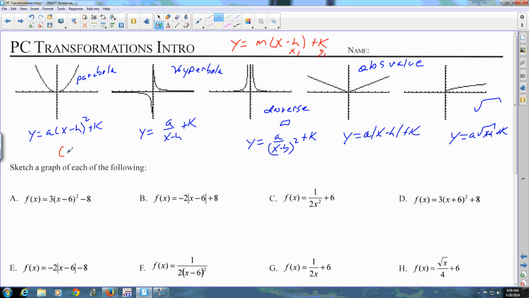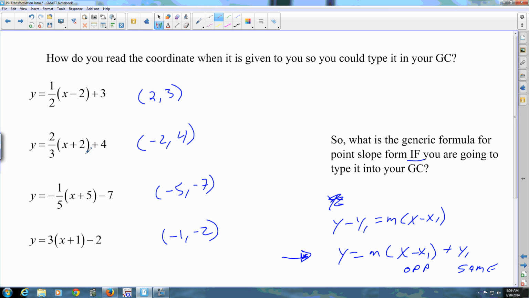Your coordinate (h, k) is going to be the lowest most point if your parabola is opening up. If your parabola is opening down, (h, k) is going to be your highest most point. This is read opposite, this is read the same. Opposite, same, opposite, same, just like you did with a line.